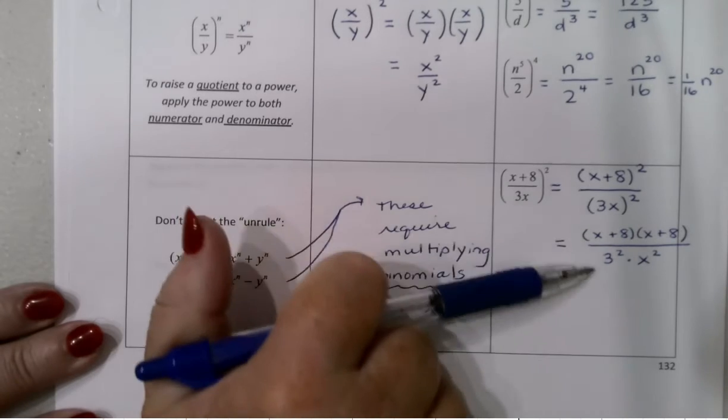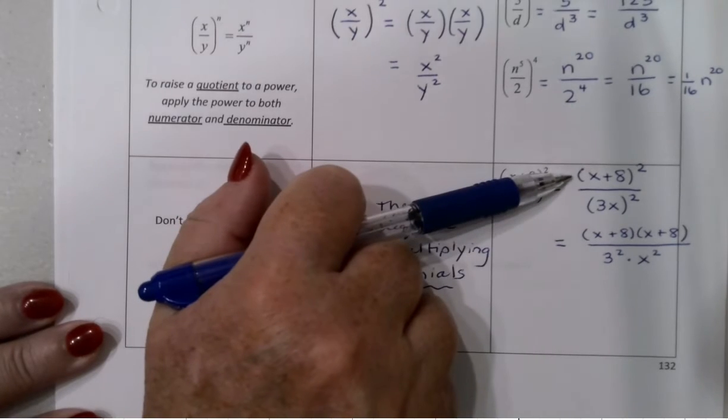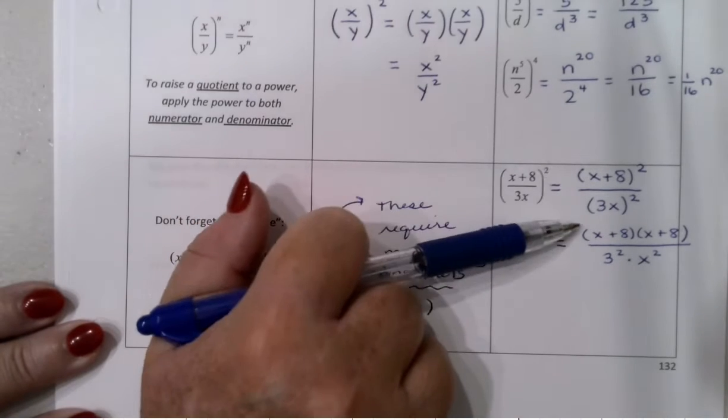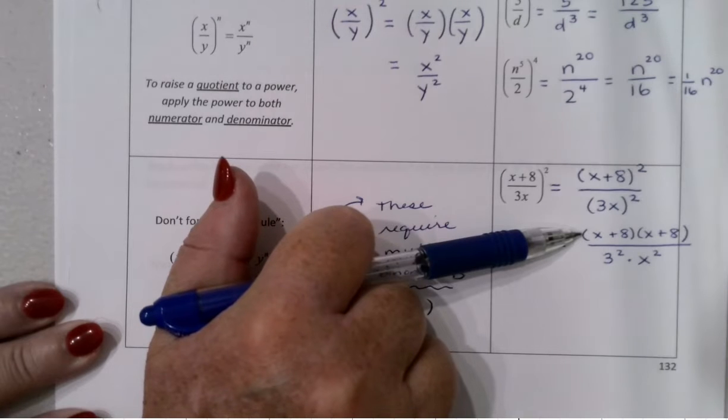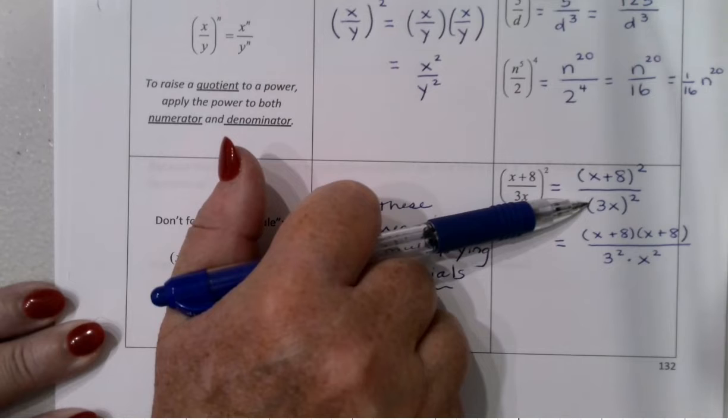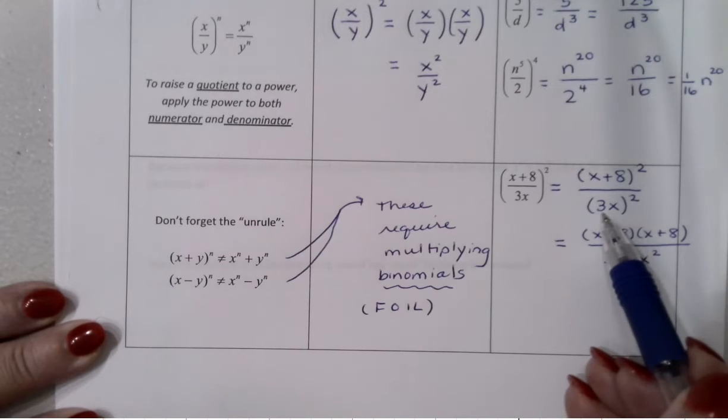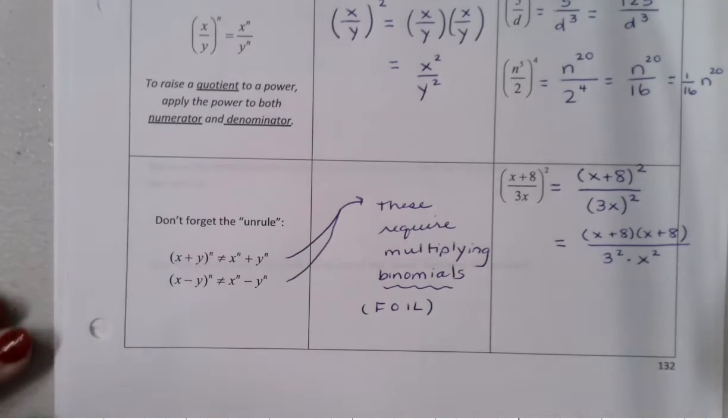And that's a big difference between the top and bottom. When you're adding or subtracting, it's like multiplying binomials. We're going to have to multiply it out. When you're multiplying, right, 3 times x, it's okay to apply the square to each factor separately.